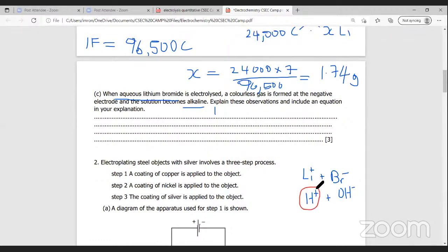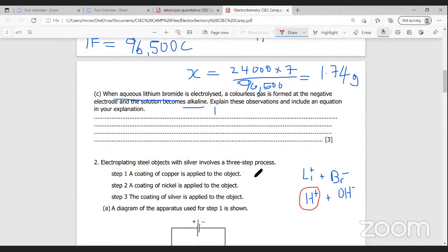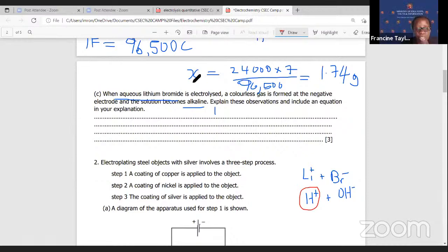What about the anode? At the anode, what are we going to lose? You're saying OH minus? OH minus.